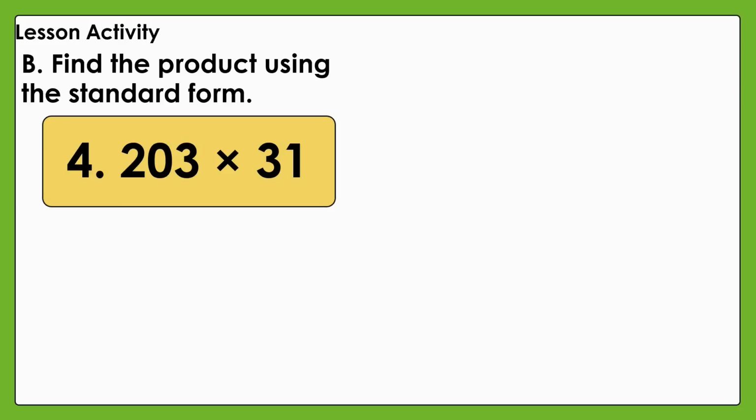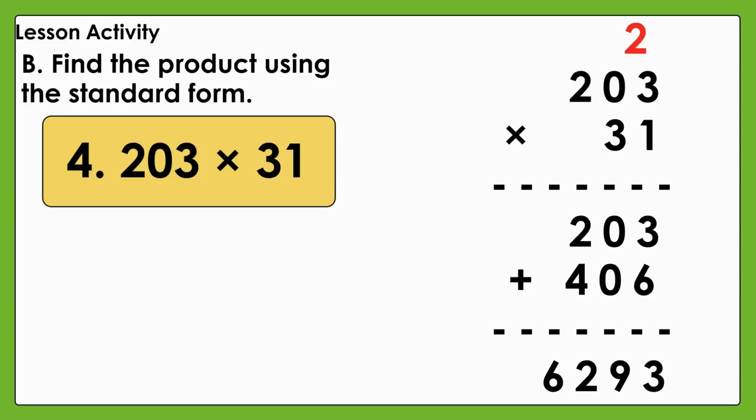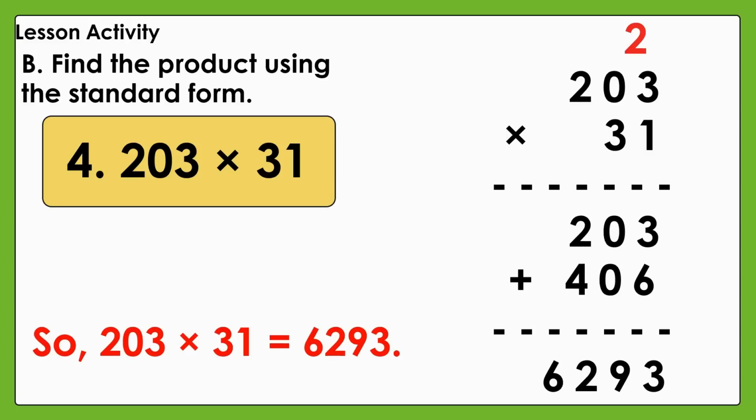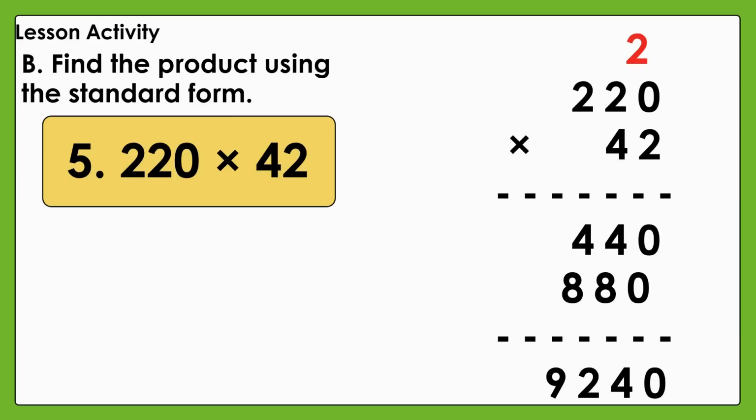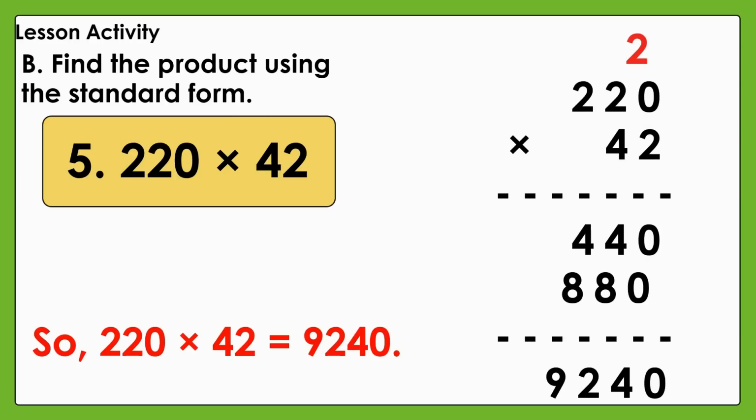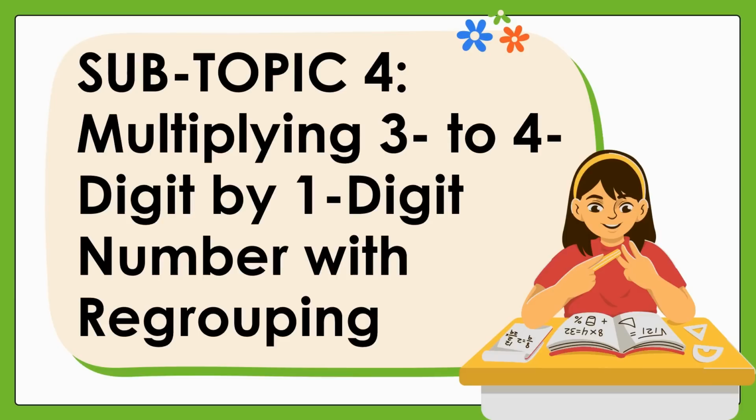Number 4, 203 times 31 is equal to 6,293. Number 5, 220 times 42 is equal to 9,204. Subtopic number 4, multiplying 3 to 4 digit by 1 digit number with regrouping.